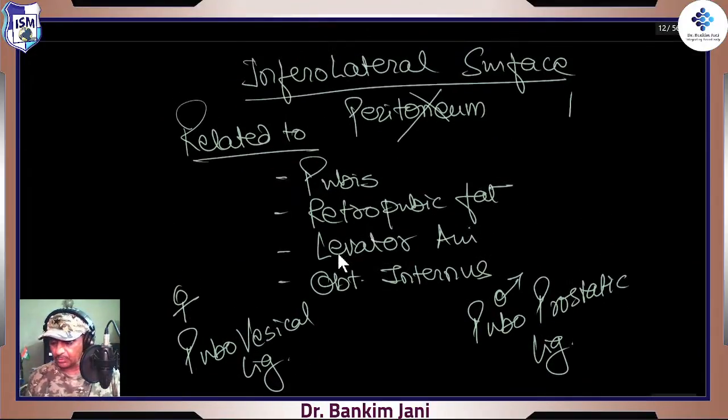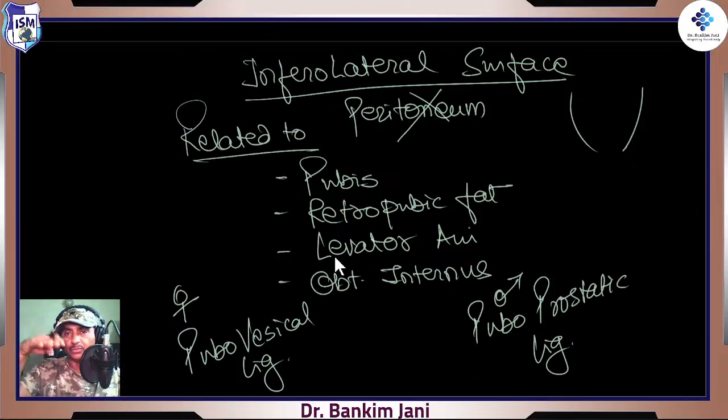Infralateral surface, so those two surfaces which were on both the sides, right? Yes, there is no peritoneum, but obviously we already said that peritoneum is only on the superior surface and some part of the base, only the upper part. So this is that which is related to the pubis, retropubic fat, we saw that, and these are the muscles, levator ani and the obturator internus, right?